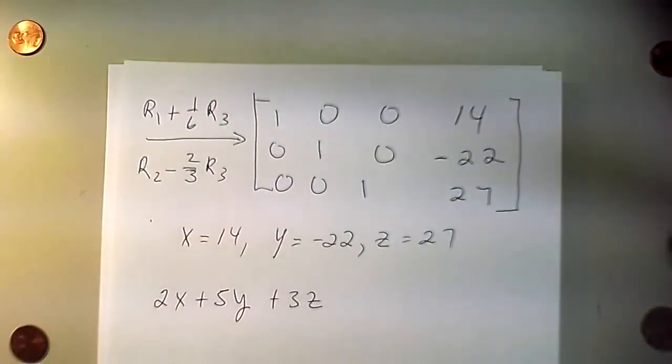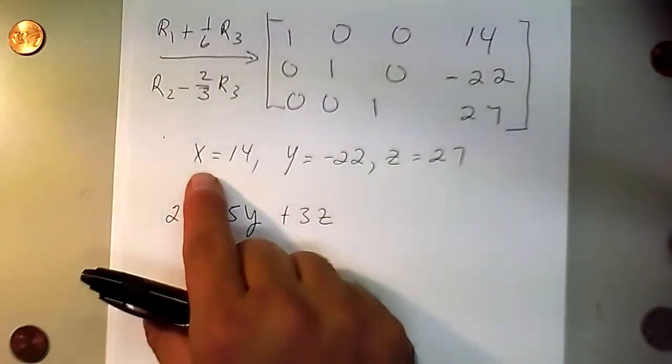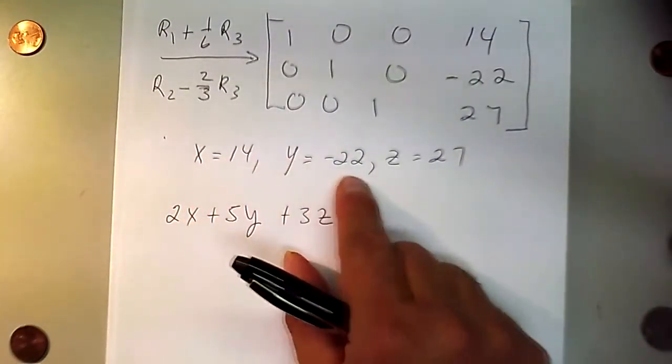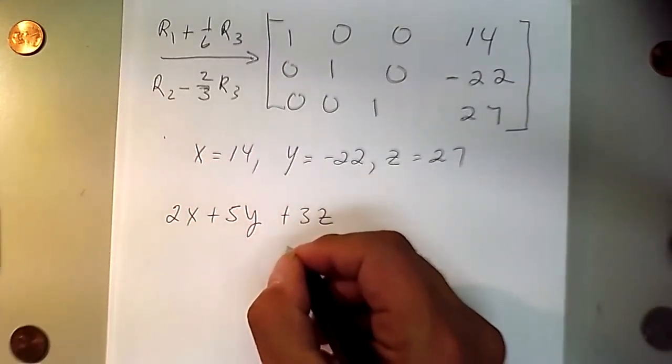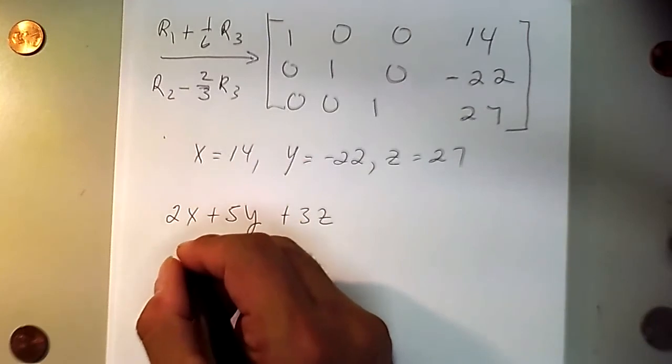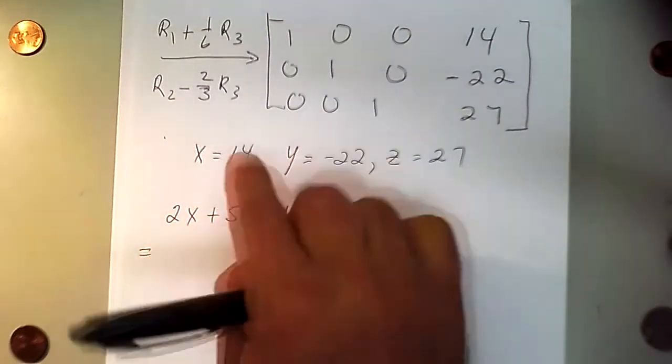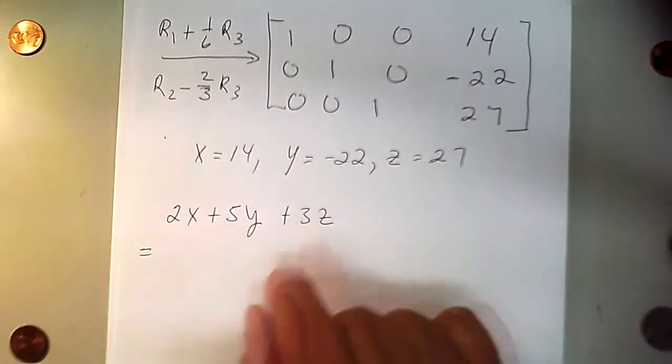Well, let's see if it is so. I'm not going to put equal to negative 1 yet, because I'm going to plug in the 14, the negative 22, and the 27 and see if we actually get negative 1. I'm a little doubtful.